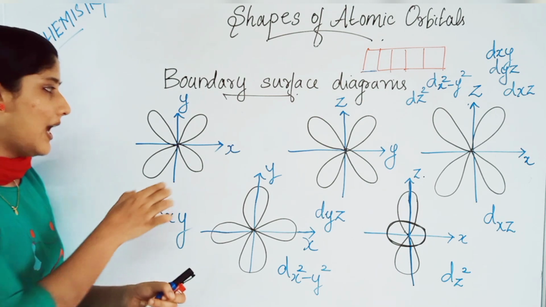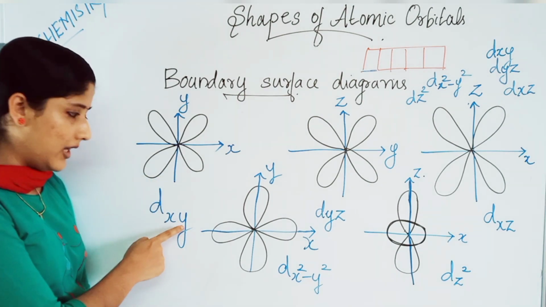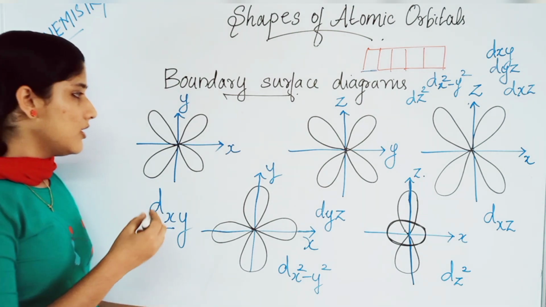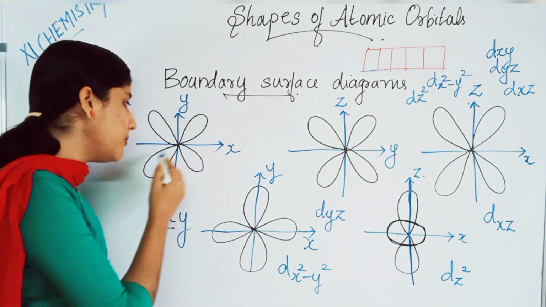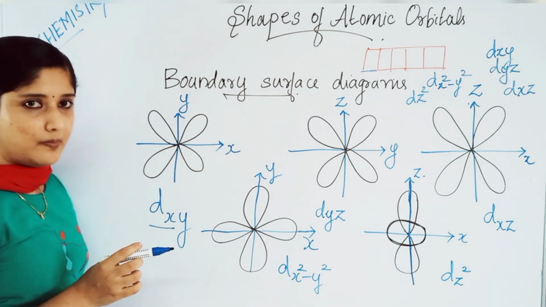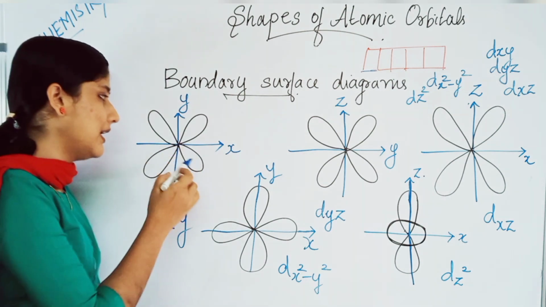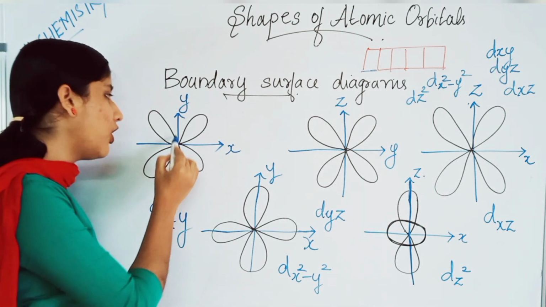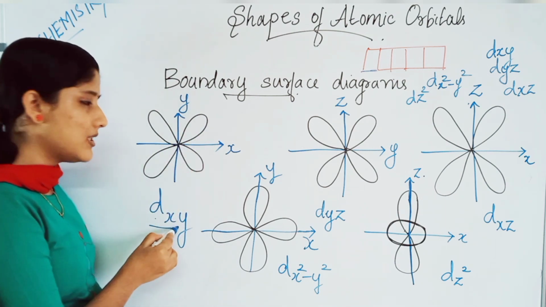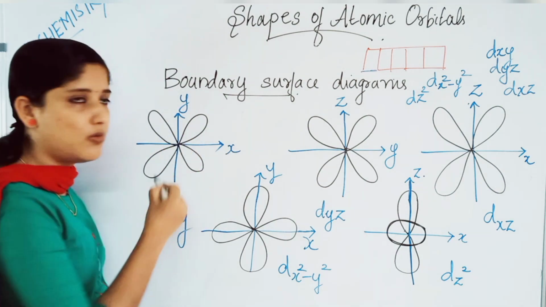Now look at the diagrams. This first one is dxy. The lobes are present in between the axes here. The p orbital lobes are present on the axis, but in dxy the lobes are present in between the axes. For dxy, in between the x and y axis the lobes will be present.